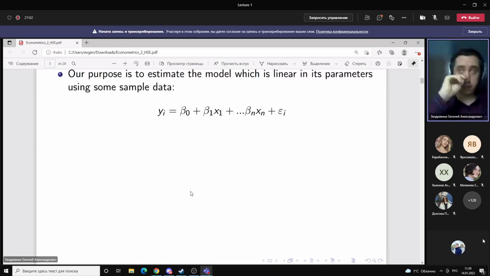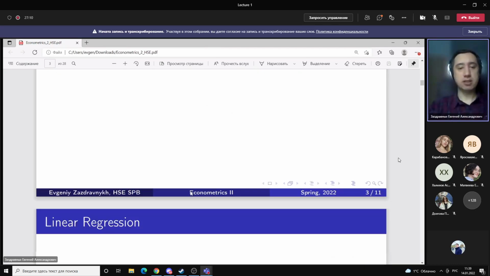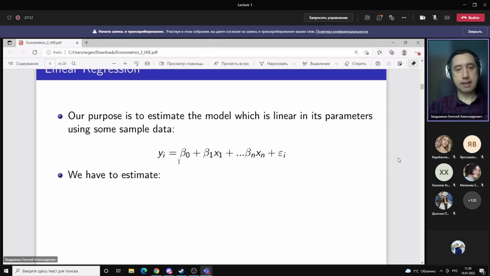I think all of you know that we have to estimate this regression model, but what does estimation mean? Estimation means that first of all, we have to estimate betas. That is a straightforward idea. But what else? Betas are numbers. These numbers are random because we work with a sample.